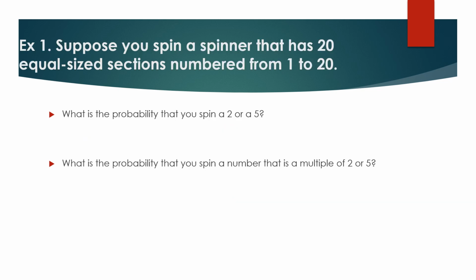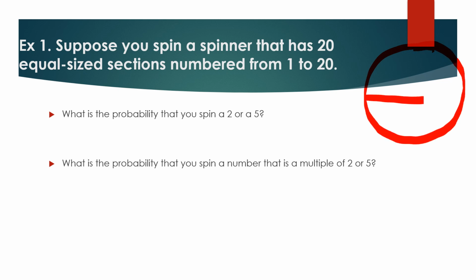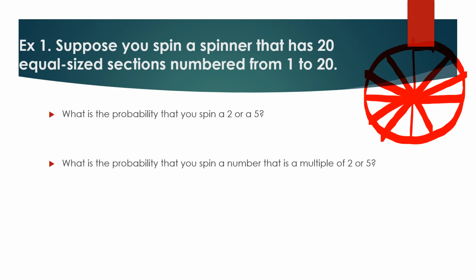All right, suppose you spin a spinner that has 20 equal sections numbered from 1 to 20. So that's going to look like, or I'm going to partially draw it out. You would have the numbers 1, 2, 3, 4, dot, dot, dot, all the way to the number 20.